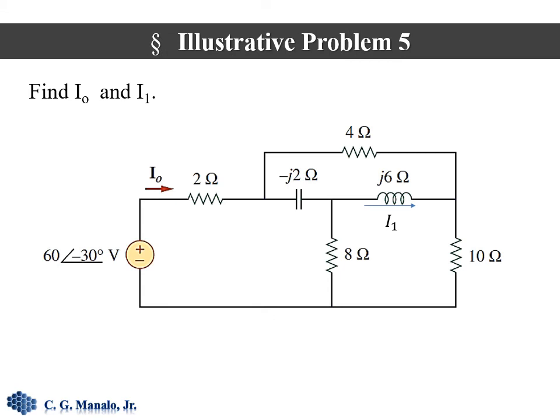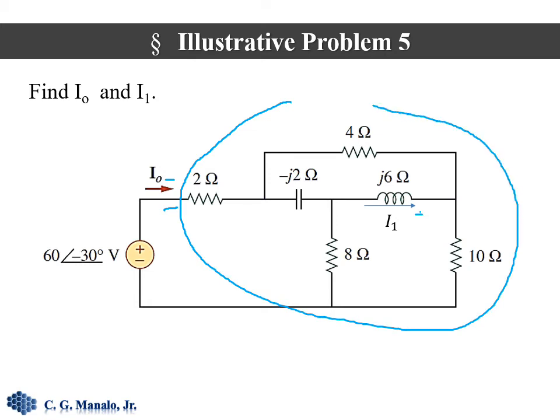In this example, we're asked to determine the current coming out of the source, I sub naught, and this current I sub 1. Now to get current I naught, what we could do is simply get the equivalent impedance of this.